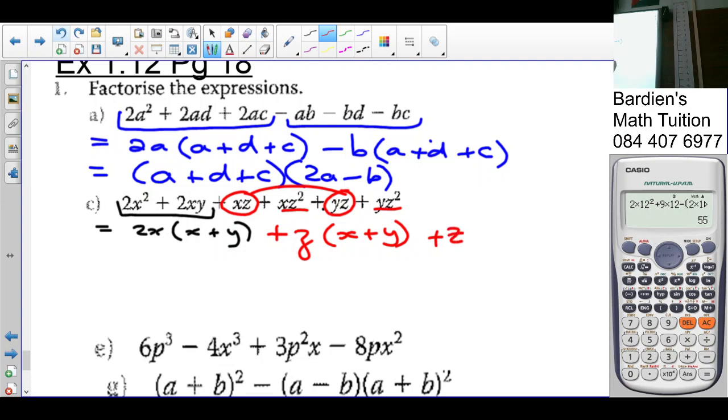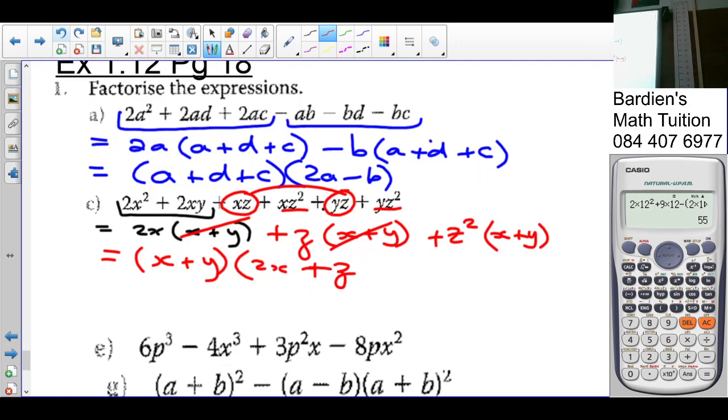Z squared. What are we left with? X plus y. So what do you notice now? The common bracket. And what's the common bracket here? X plus y. Take this out, what am I left with? 2x plus z plus z squared. Any confusion there?